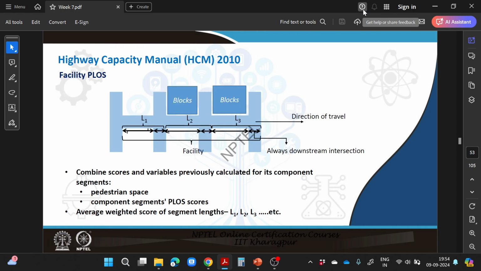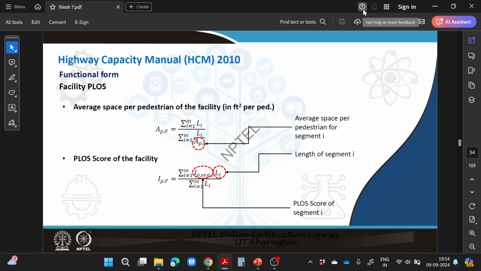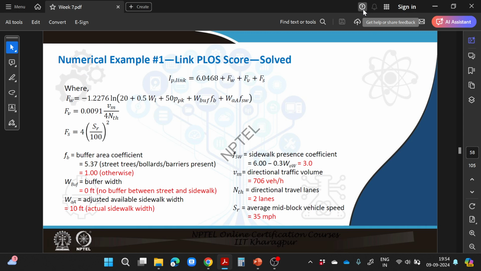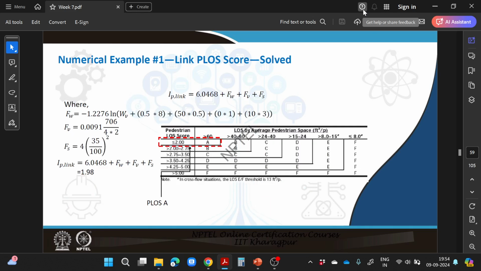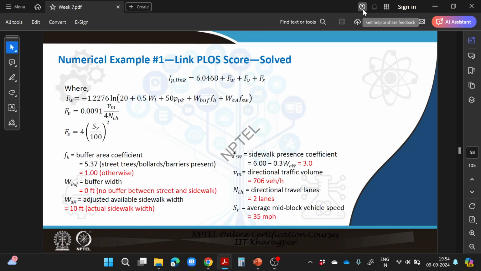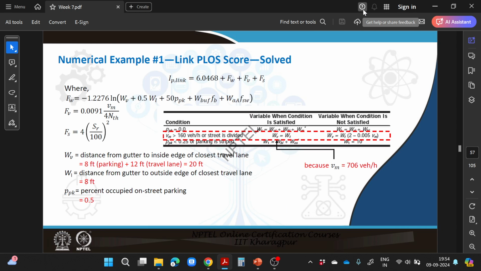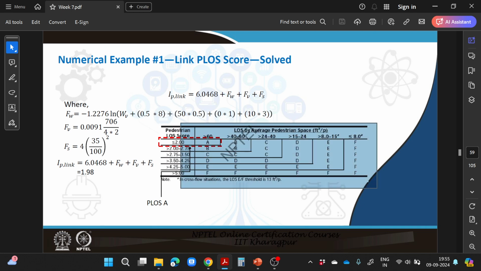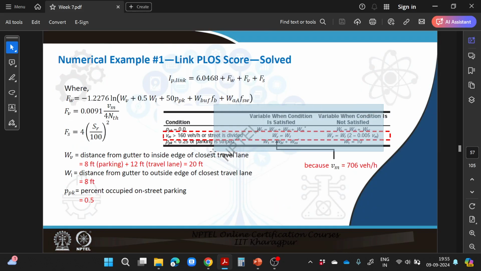This one. In this slide. This one. I think there is some lag in this one.